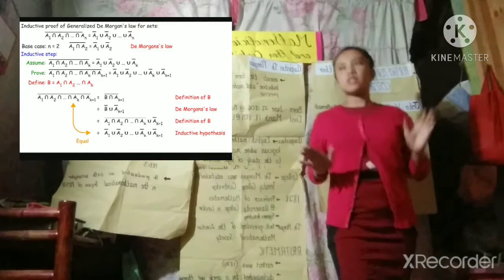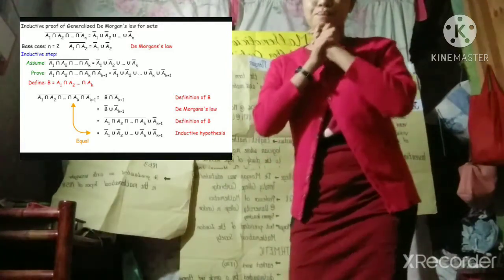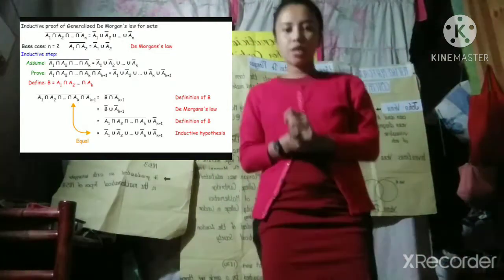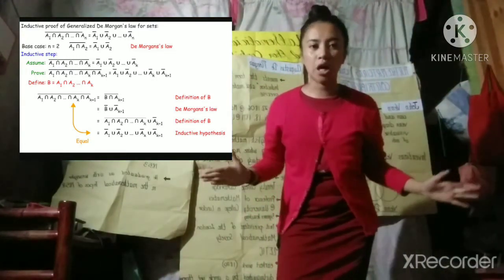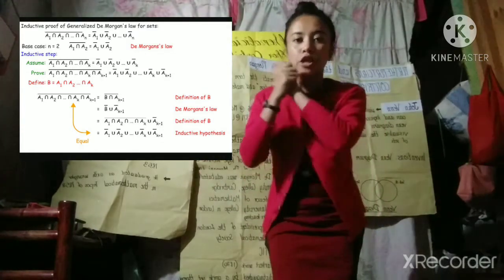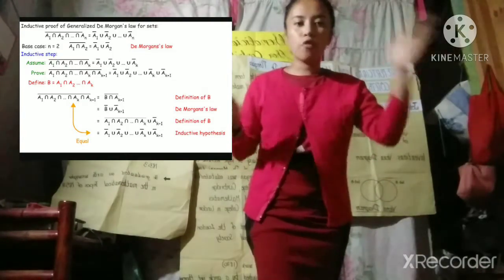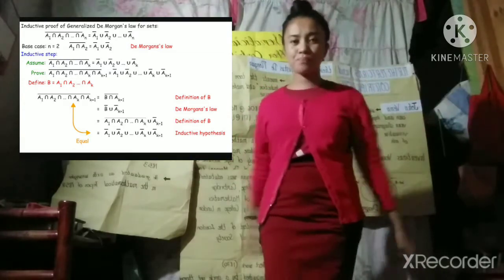De Morgan's law is very important because he recognized the purely symbolic nature of algebra, and he was aware of the existence of algebras other than ordinary algebra.